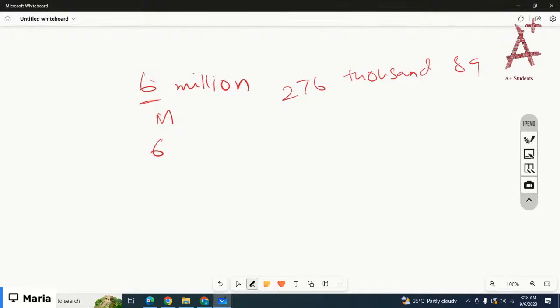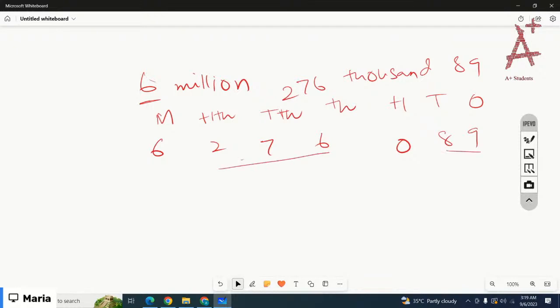After the millions you have hundred thousands, then ten thousands, then thousands, then hundreds, tens and ones. For 276,089, it would be 0, 8 and 9, so the hundreds and tens digits are handled accordingly. It would be 6,276,089. The tens digit is 0.